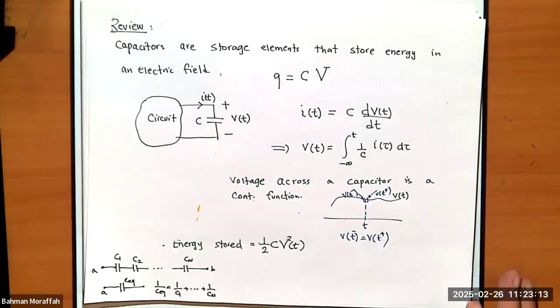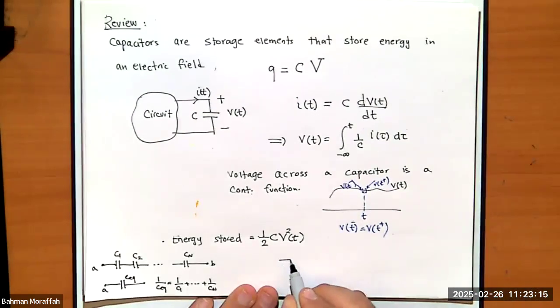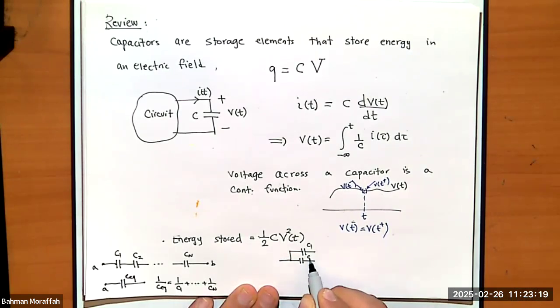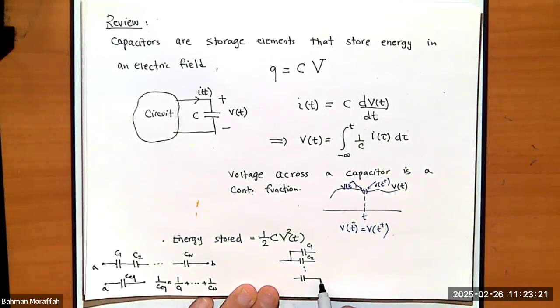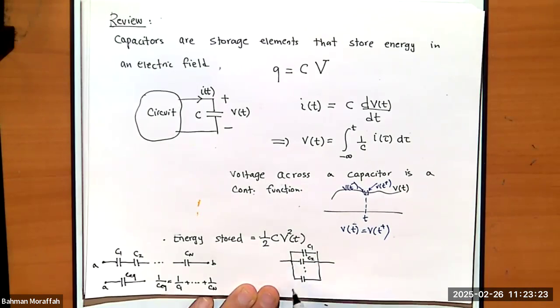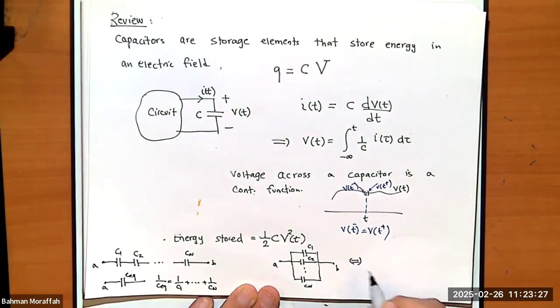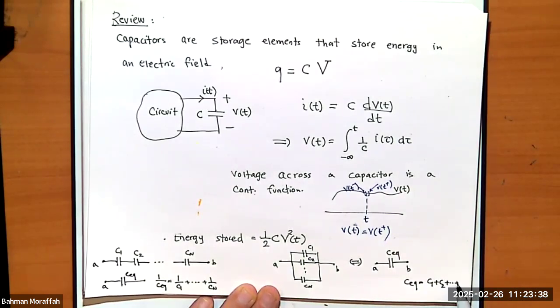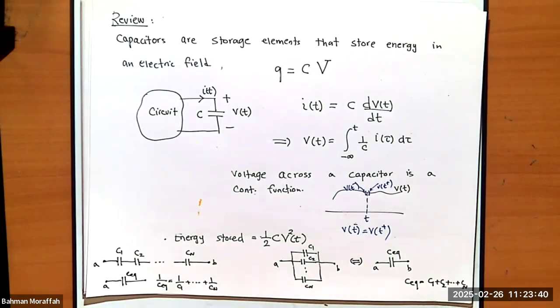And if we have them in parallel, C1, C2, all the way to Cn, I can replace this by one capacitor. And this time, the equivalent is C1 plus C2 all the way to Cn.